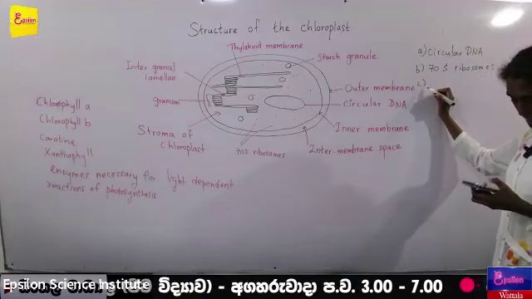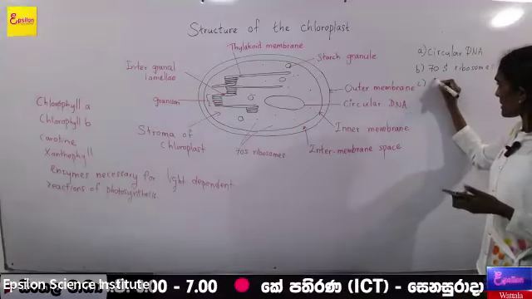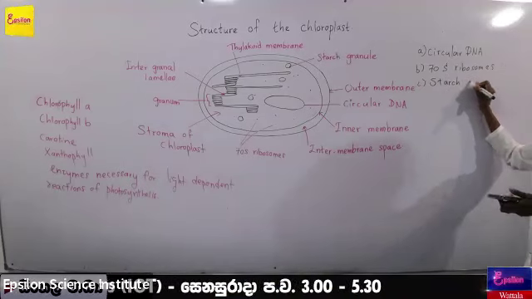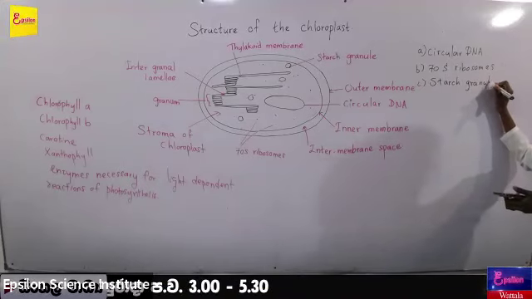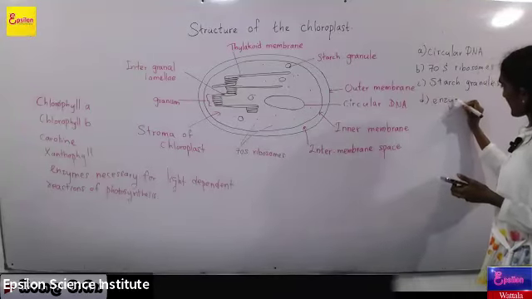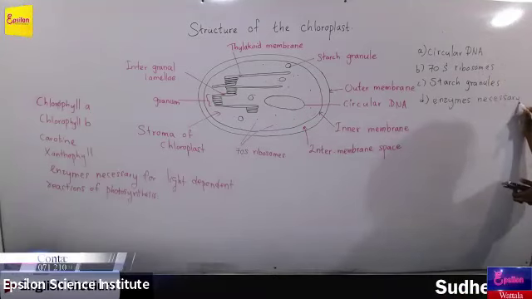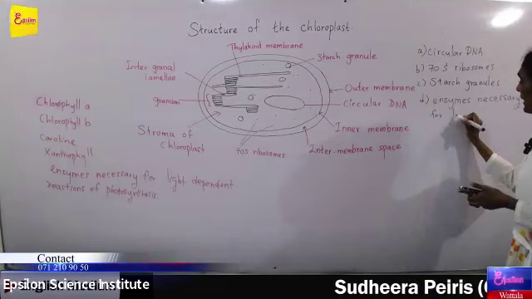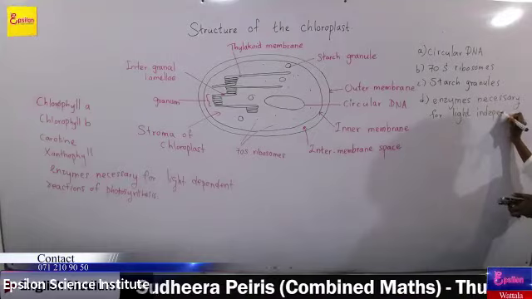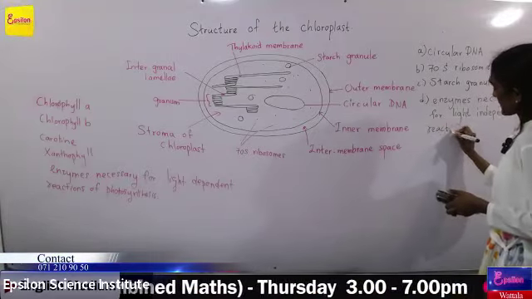C, starch granules. D, enzymes necessary for light independent reaction of photosynthesis.